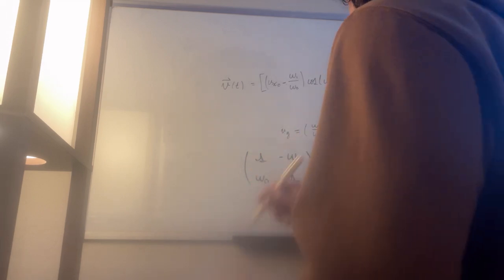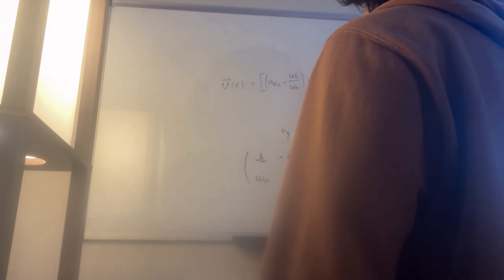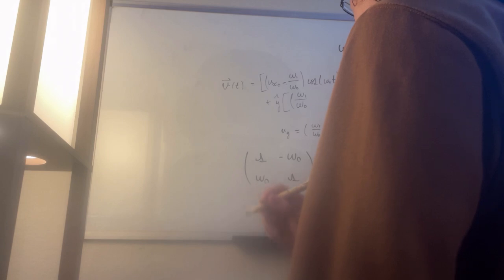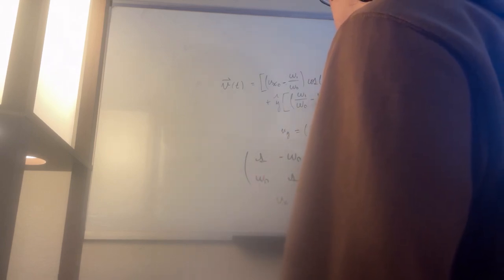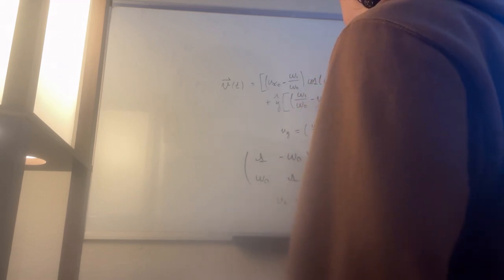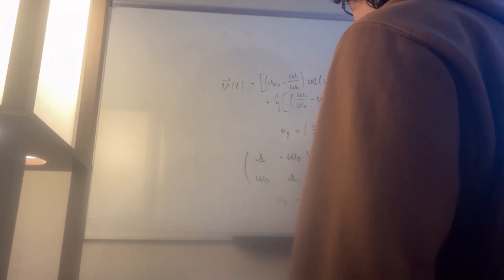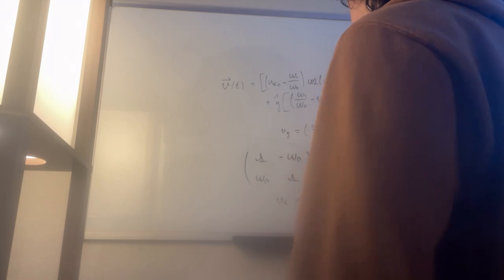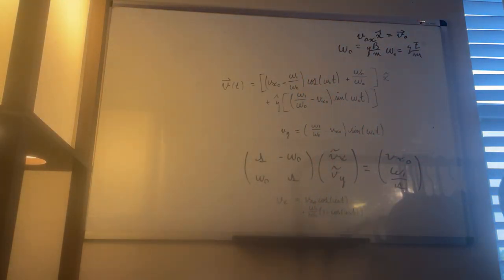So then this is going to be in the x hat direction plus y hat, this is omega 1 over omega naught minus Vx naught times, cosine, well no, yeah, it was sine omega naught t. So there is your function.